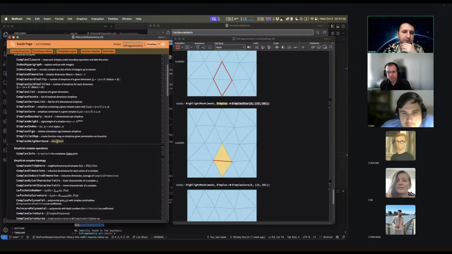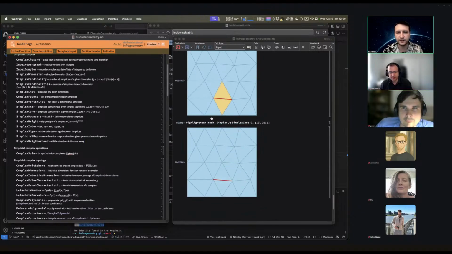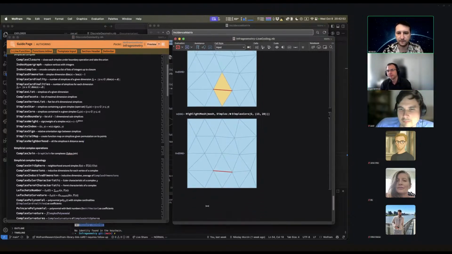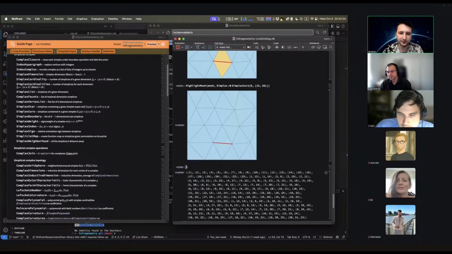Maybe with some parameter k, like all the simplices at distance k. You could specify a list of dimensions, or one dimension that you're looking for, or all of them. There are different ways to play that. Of course, you can also do distance.